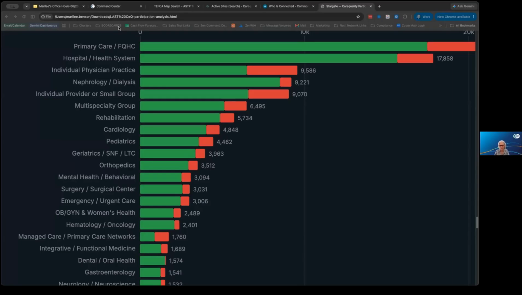So when you have primary care, or the specialty groups, or even community palliative, it's a completely different interest. They're querying us for different reasons than, say, acute and emergency. So it's really interesting data, and for us, it really informs who we're talking to and how we're talking to them.